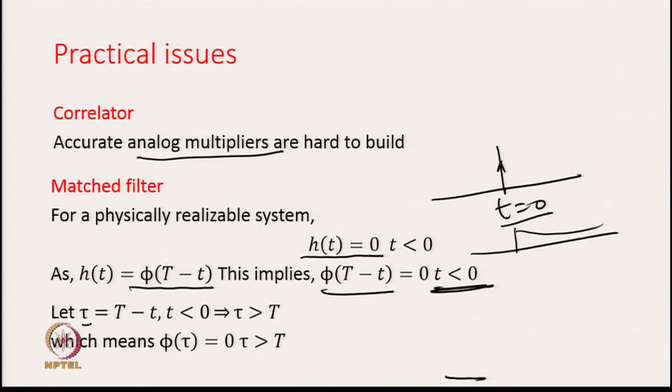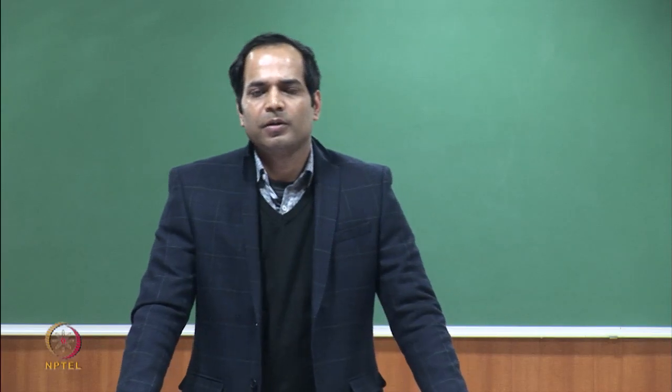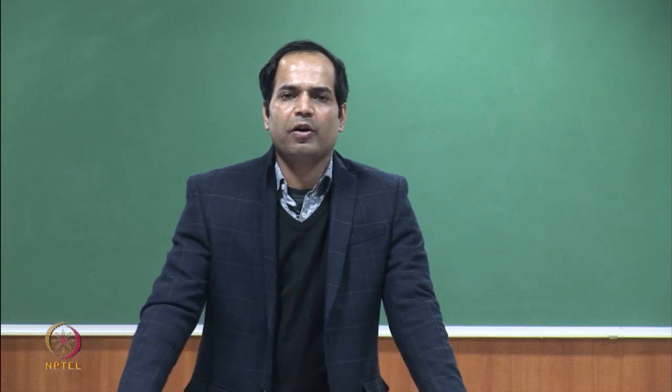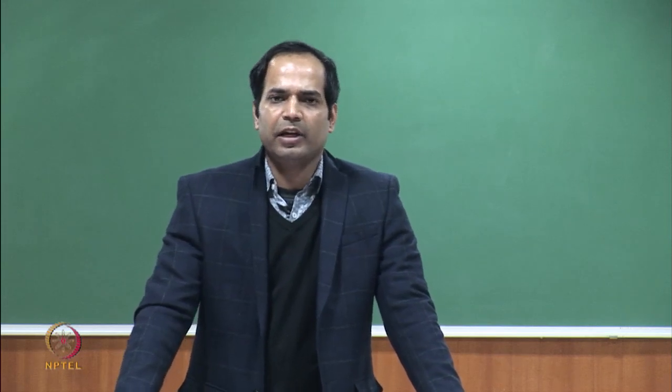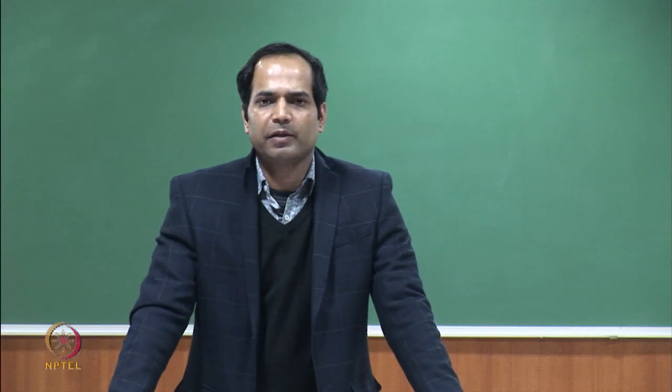Now, if we substitute tau as T minus t, t less than 0 implies that tau is greater than T. So, this condition translates to the condition that phi(tau) should be 0 for tau greater than T. That means you can only have orthonormal functions which live for a duration of T. So, it cannot lie from minus infinity to plus infinity.